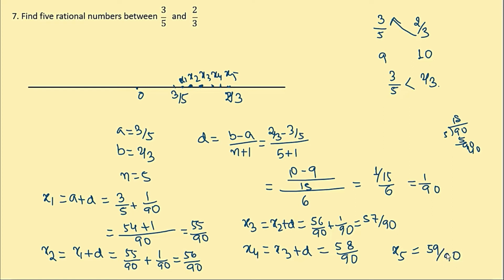Now if you like, you can try to reduce these to lowest terms. 55 by 90 is 11 by 18. This one, 56 by 90, can you reduce it?